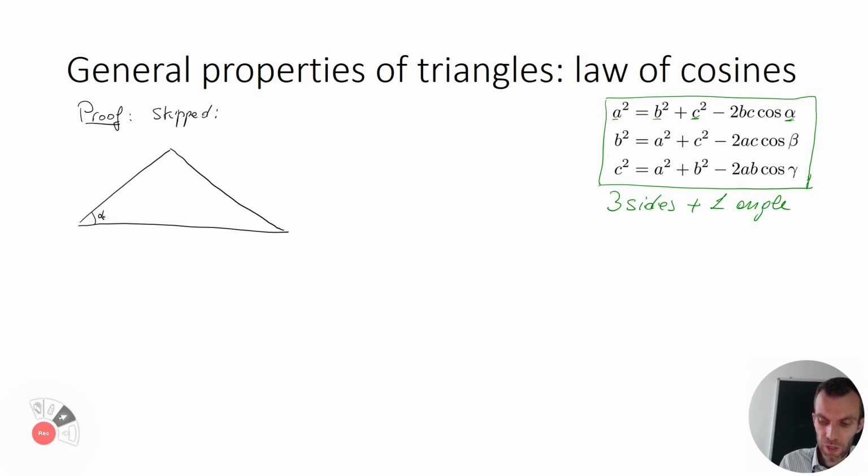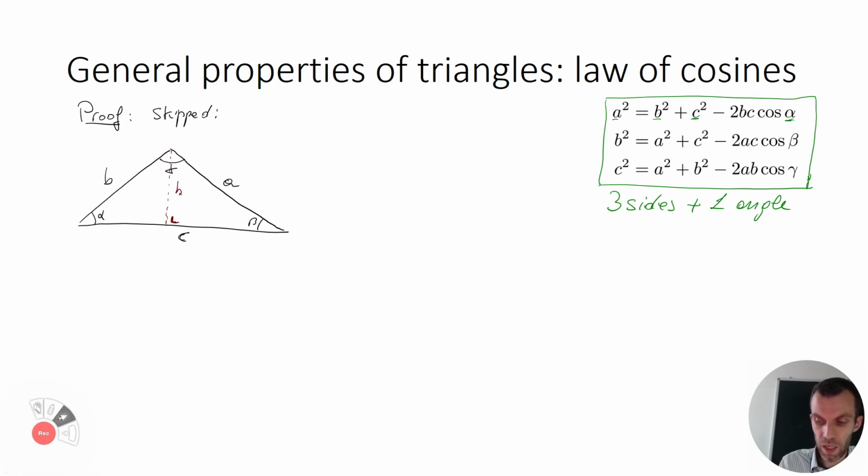If we have our triangle alpha, beta, gamma with sides A, B, and C, what we can do again is drop a perpendicular like this to make it into 2 right angle triangles.